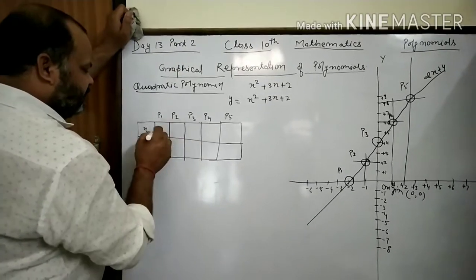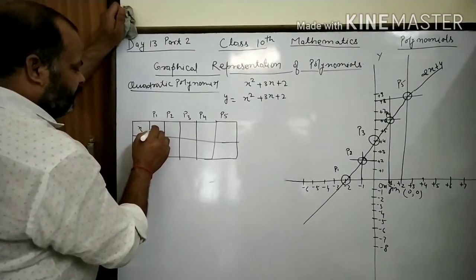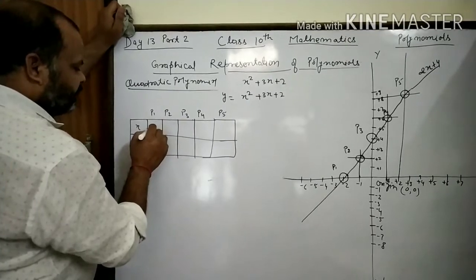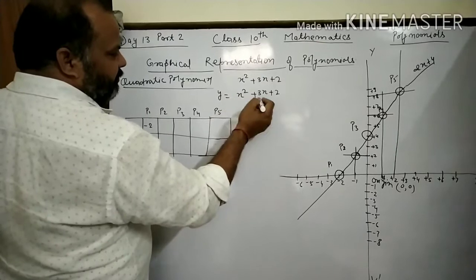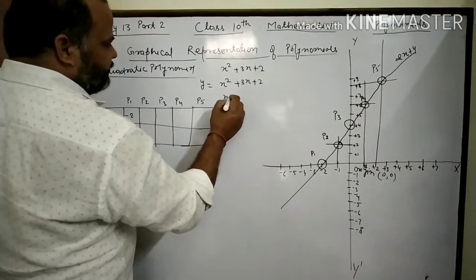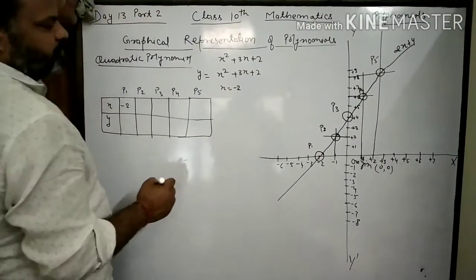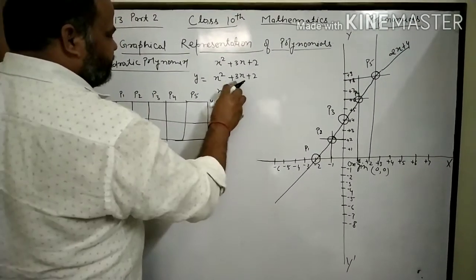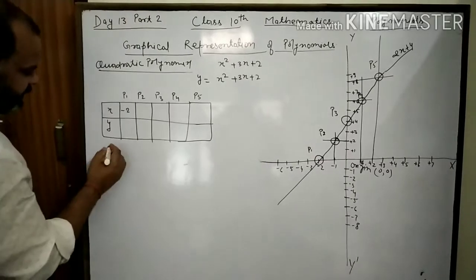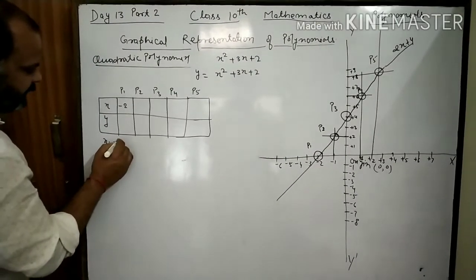First of all, for P1 we put x is equal to minus 2 in the place of x.